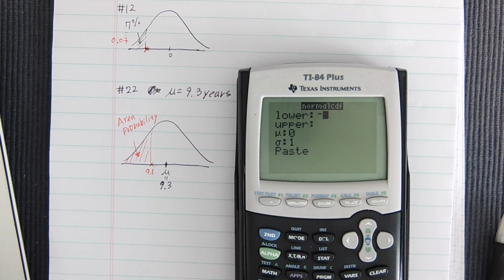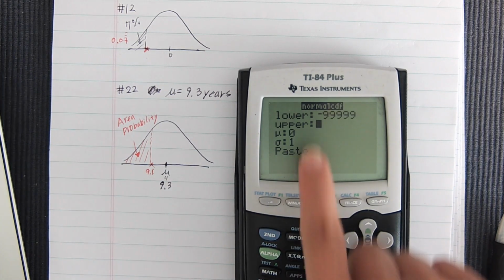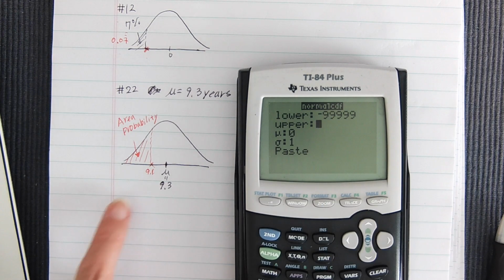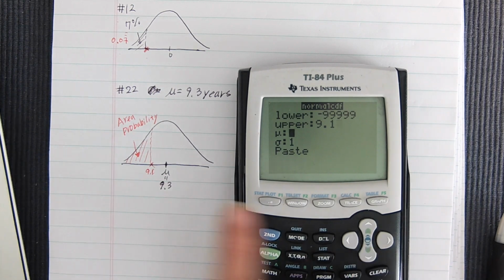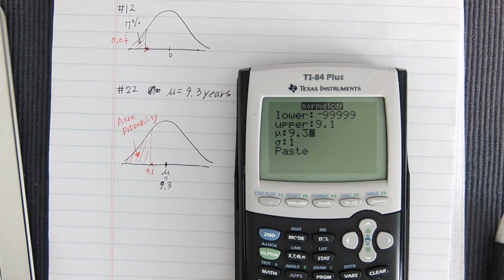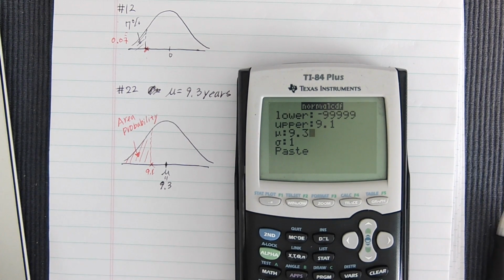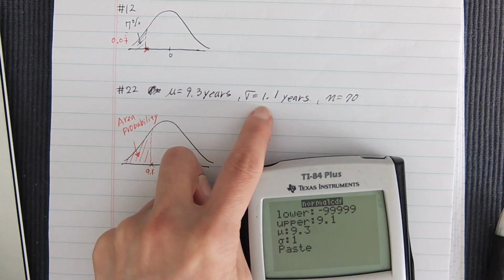It's negative 9999999. Then what's my upper number? Upper is 9.1. Then what's my mean? Mean is 9.3. What's my standard deviation? Okay, listen carefully. Here's my standard deviation, 1.1.